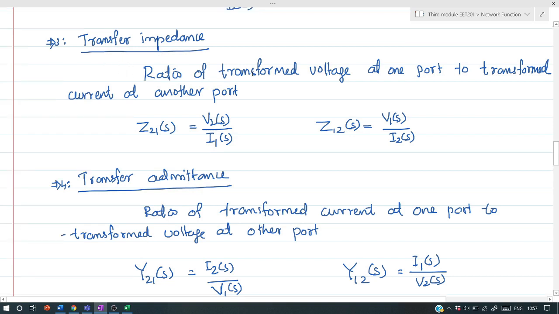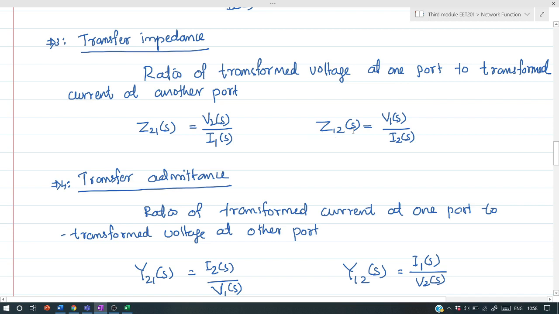It is the ratio of transformed voltage at one port to transformed current at the other port. It may be Z21(s) or Z12(s). Z21(s) is defined as the ratio of transformed voltage at the second port to transformed current at the first port.